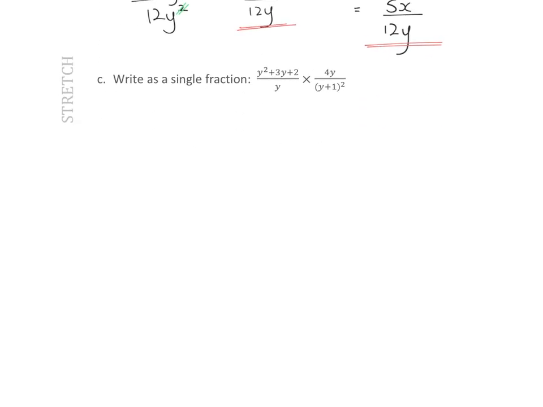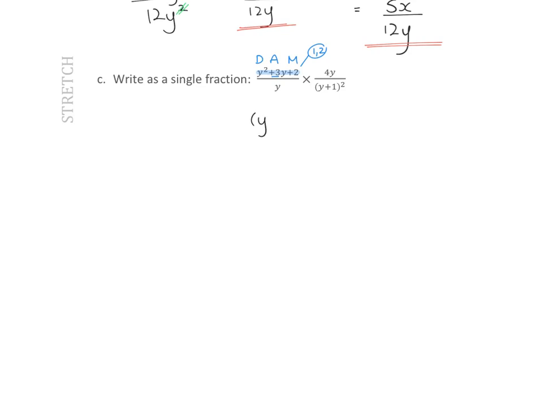Okay, number C, write as a single fraction. Okay, I'm going to have to do some factorising here. So I'm looking at that, and straight away I can see that that is going to factorise. It's a quadratic again, so I'm multiplying to 2, so that's 1 and 2, which does add to 3.